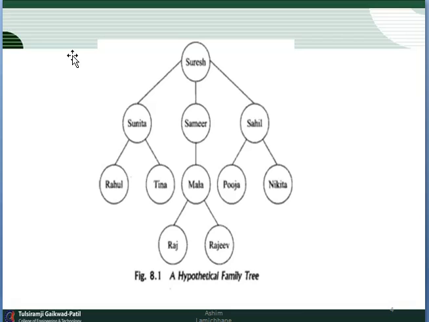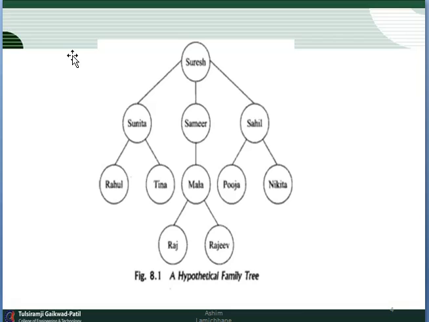So there is a certain relationship between the son of Sunita and Suresh. The son of Sunita, we can say, is Rahul, and Rahul has a certain relationship with Suresh. The same thing is applicable for all the leaf nodes. In this video I'm going to brief you about the basic terminologies that are used in terms of trees as well.